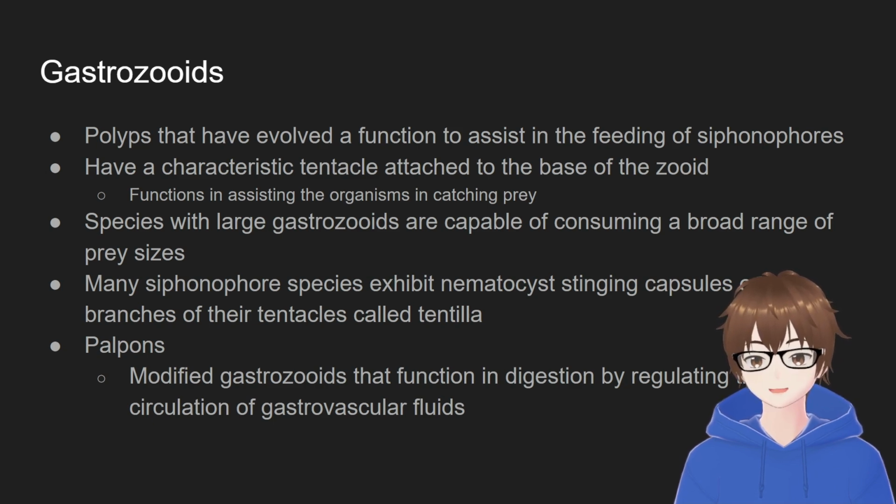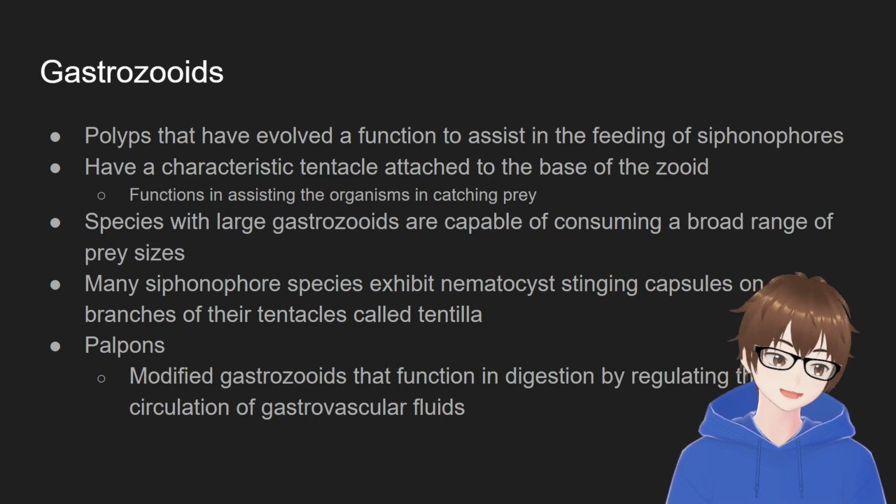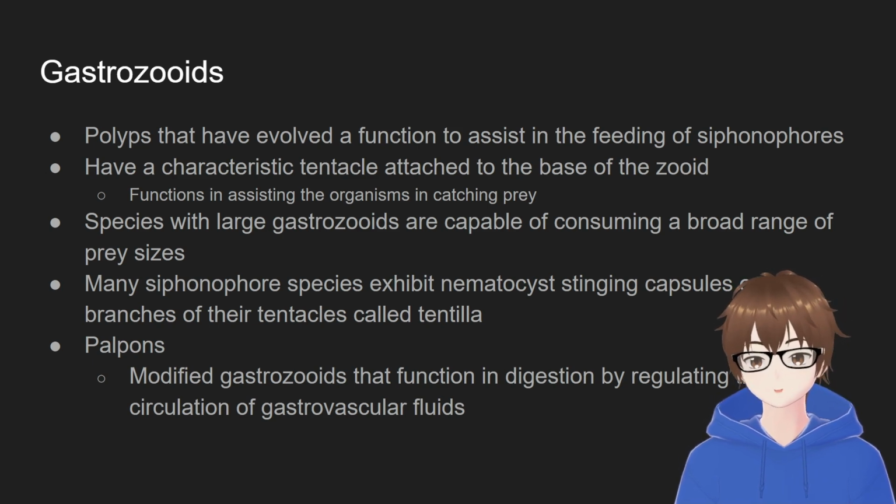So species with large Gastro Zoids are capable of consuming a broad range of prey sizes, so large, small, medium, whatever. But many siphonophore species exhibit Nematocytes, which are stinging capsules on the branch of these tentacles called tentilia. So on their tentacles, they have these Nematocytes, which sting the prey and either paralyze them or sometimes even kill them, so then it's easier to eat.